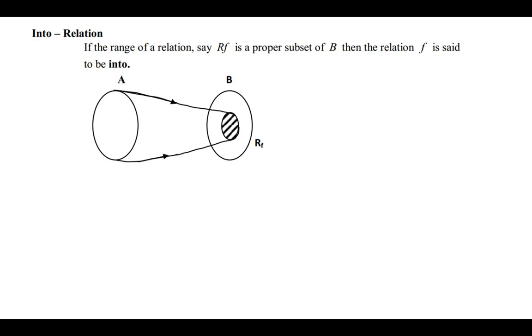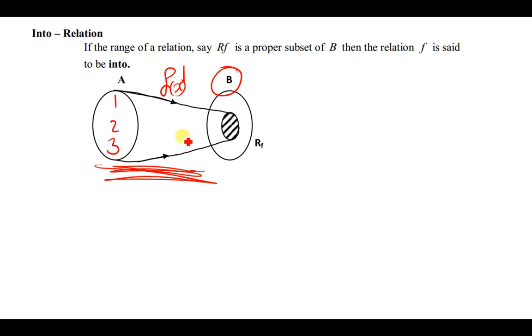An into function occurs when, for instance, you have a function f which maps A onto B, and if you find the range of f of x, you discover that the range is just a subset of set B. That implies that the given relation is an into function, because the answers you get after putting in the domain are simply a subset of the given set B. It means you are dealing with an into relation.